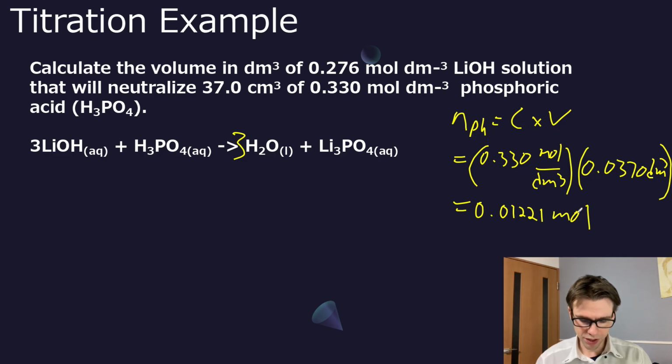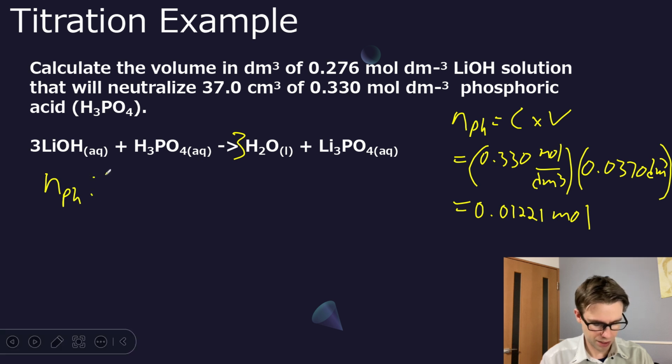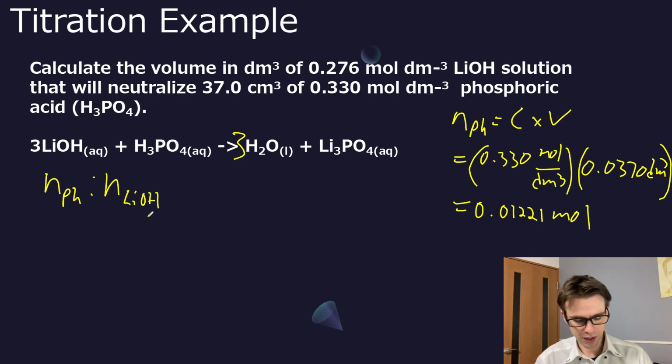Now the question is, what's the volume of the lithium hydroxide, LiOH, that will be needed to fully neutralize this? So that means just fully react with it and complete this balanced chemical equation fully. Well, what's the ratio here of phosphoric acid moles to LiOH moles? You can look at the equation right above it. To eliminate 1 H3PO4, it requires 3 LiOHs to do that every time.